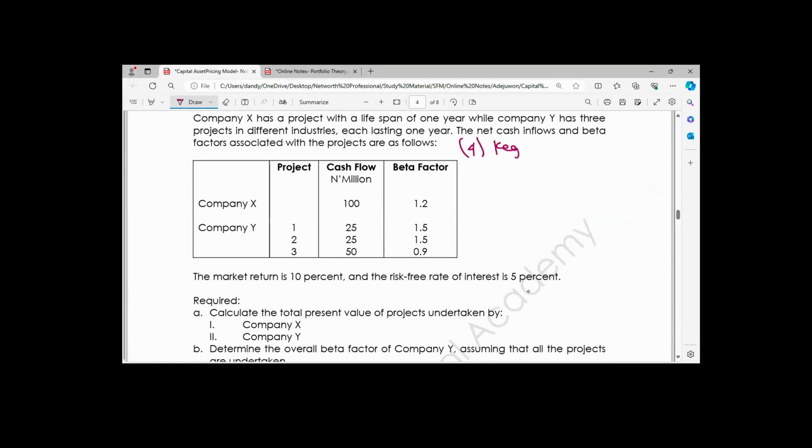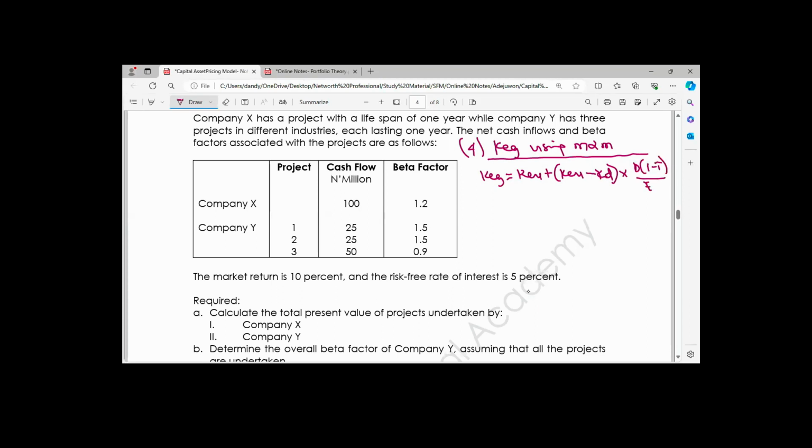So number 4 requirements: cost of equity of a gear using Miller and Modigliani. Using Miller and Modigliani, the cost of equity of a gear is calculated as the cost of equity on ungear plus, open a bracket, cost of equity on ungear minus cost of debt, all of this multiplied by debt value into 1 minus tax, divided by equity value.